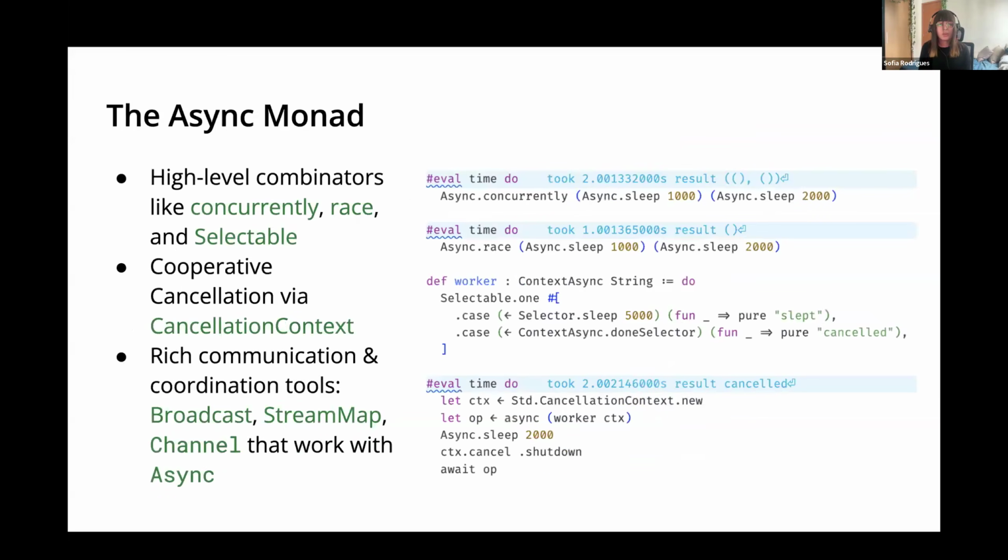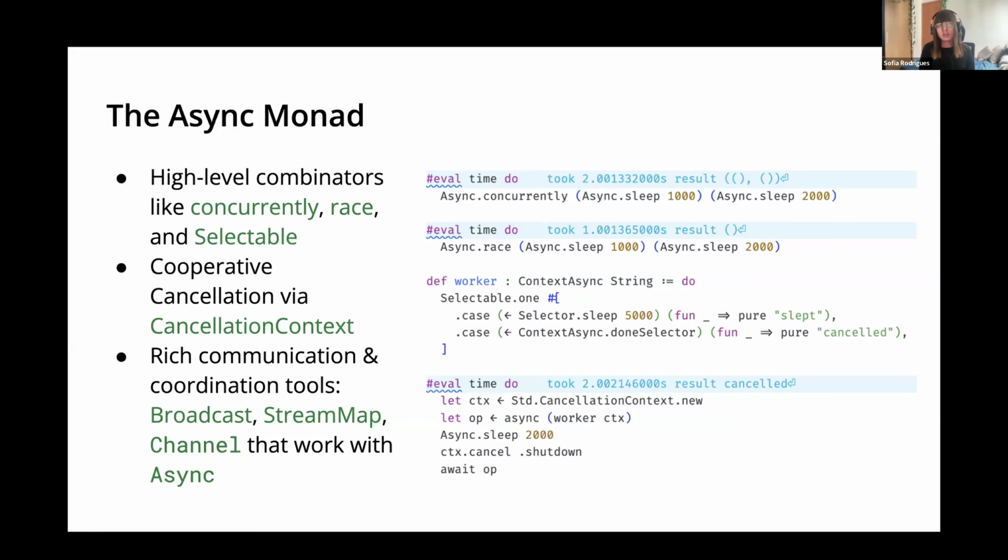And then we have the async monad. We used the async monad in the last example, but here I'm showing it with some combinators. So we have combinators like concurrently and race that do their job. Like in the first line, we concurrently wait for the results of async sleep of 1 second and async sleep of 2 seconds, and it takes 2 seconds.